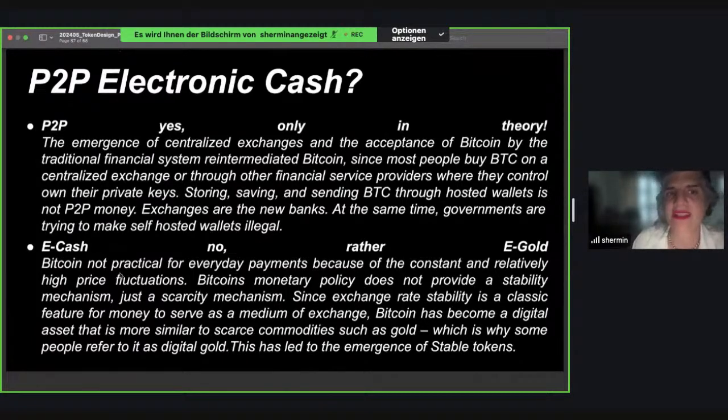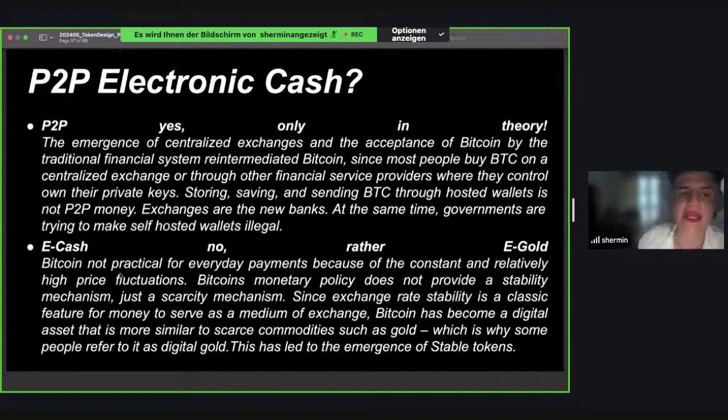So it's not peer-to-peer in practice. Bitcoin, unfortunately, is less and less used as a peer-to-peer system, even though it could be used as one if you controlled your own private keys and had your own wallet. Is it peer-to-peer electronic cash, even if you own your own wallet? No, it's rather e-gold.